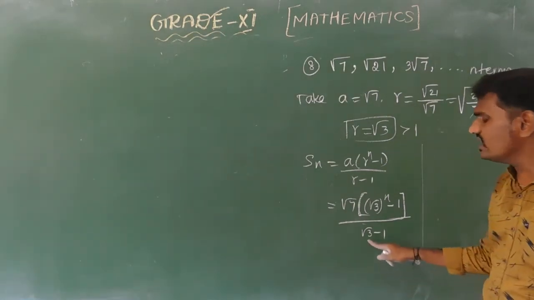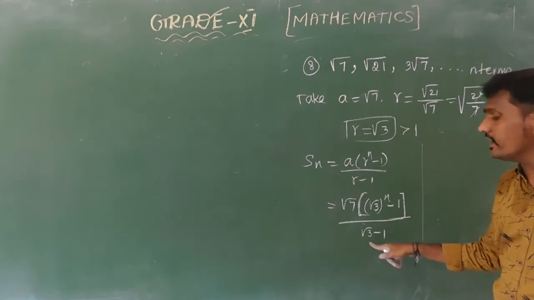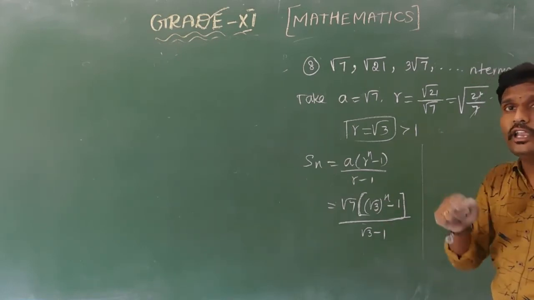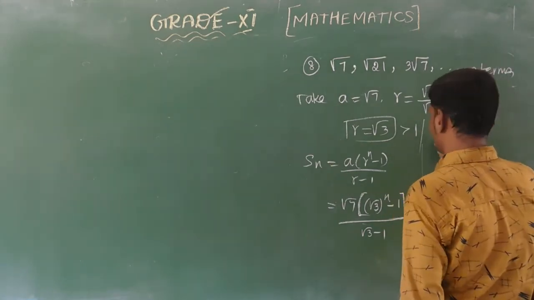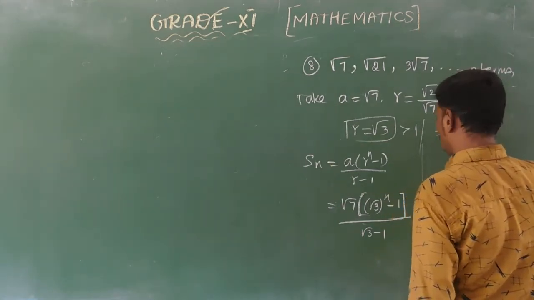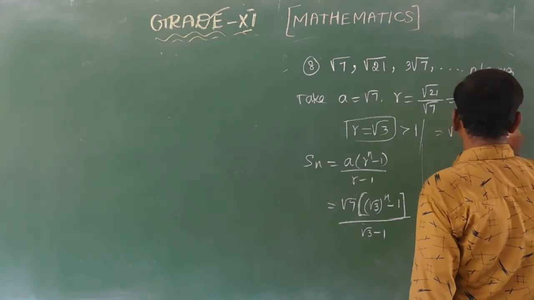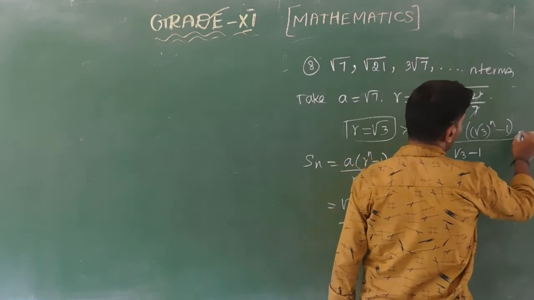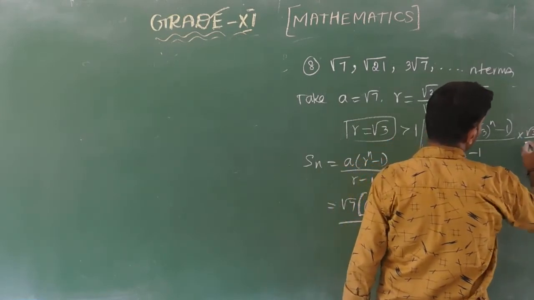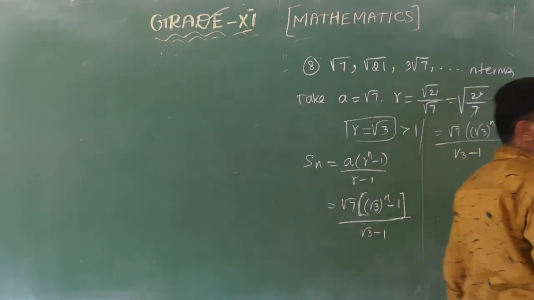See, you have a denominator of root 3 minus 1 now. So we need to take a conjugate factor of the denominator. So that is root 7 into root 3 power n minus 1 the whole divided by root 3 minus 1, into root 3 plus 1 divided by root 3 plus 1.